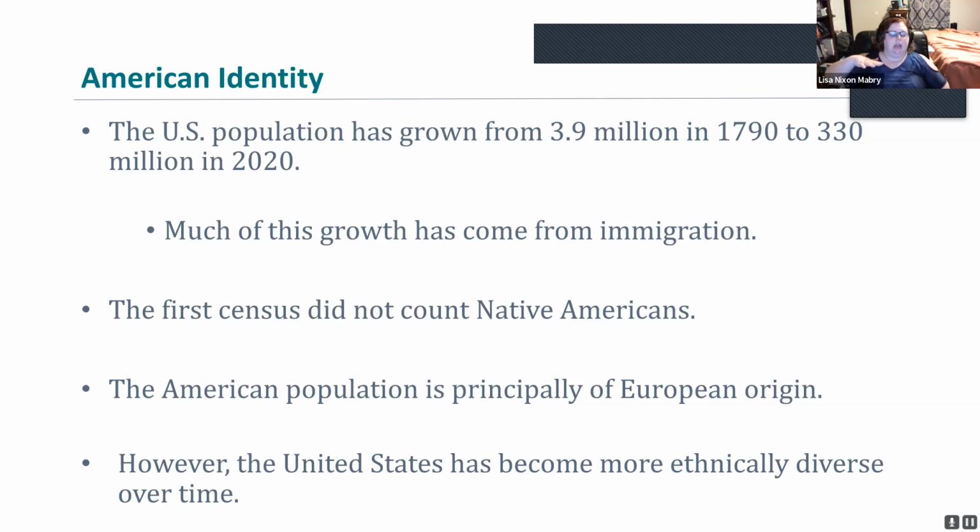We have gotten a lot of other people coming in, and we'll talk about different time frames when that happened, and how the original European settlers actually tried to stop that for quite a while, to keep us a very white society. Really, there's not another way to put that. And we'll talk about that in more detail later.